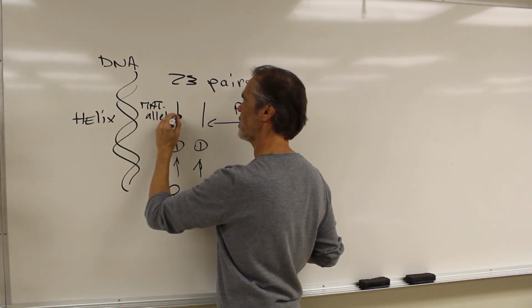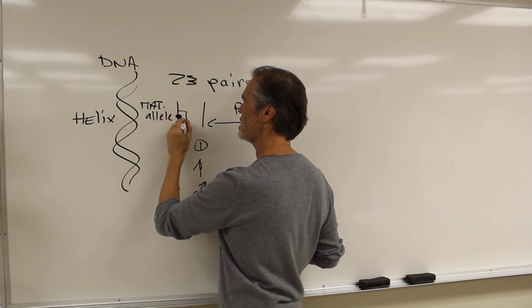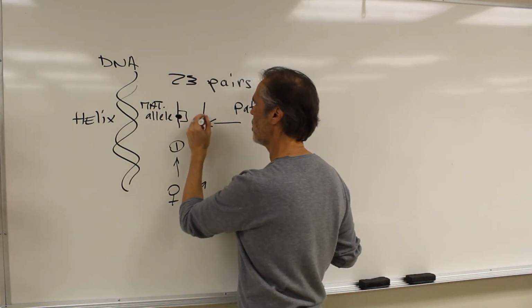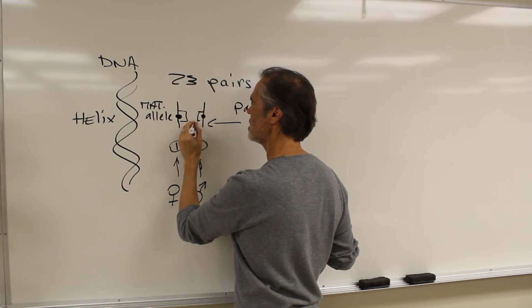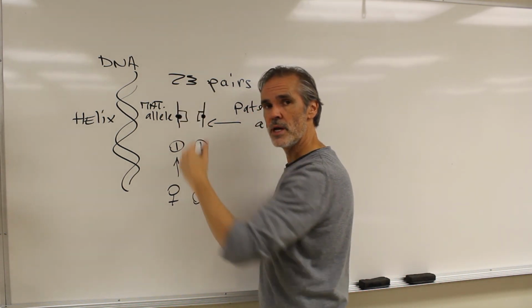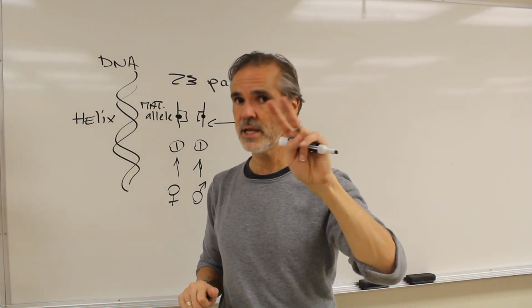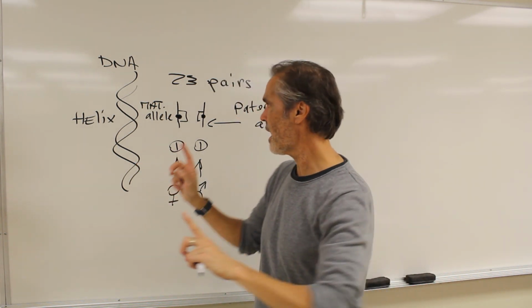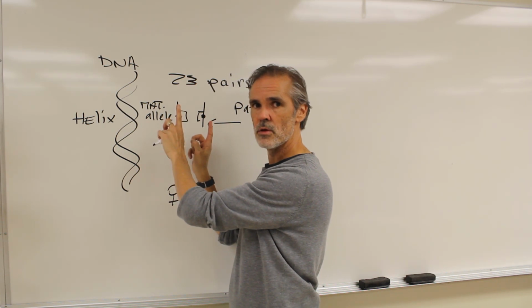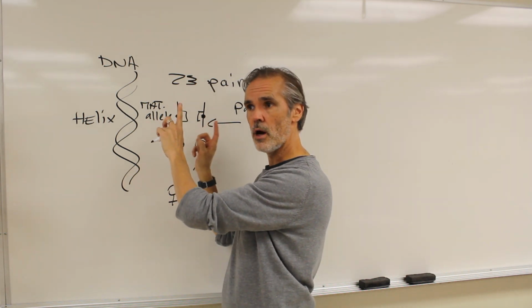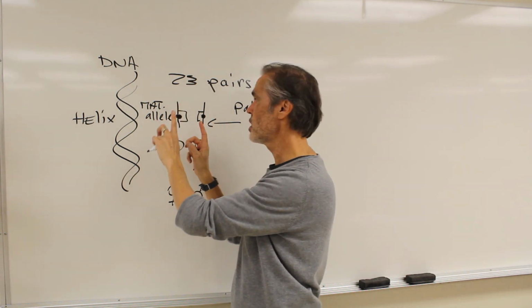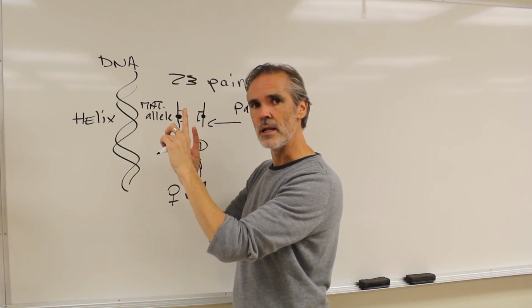So let's say that we have a gene that's right here in the middle of that chromosome. Well, we have the same gene in the other chromosome here. Basically, for every gene we always have 2 copies of it, because we have pairs of chromosomes, right? So we have 2 alleles.